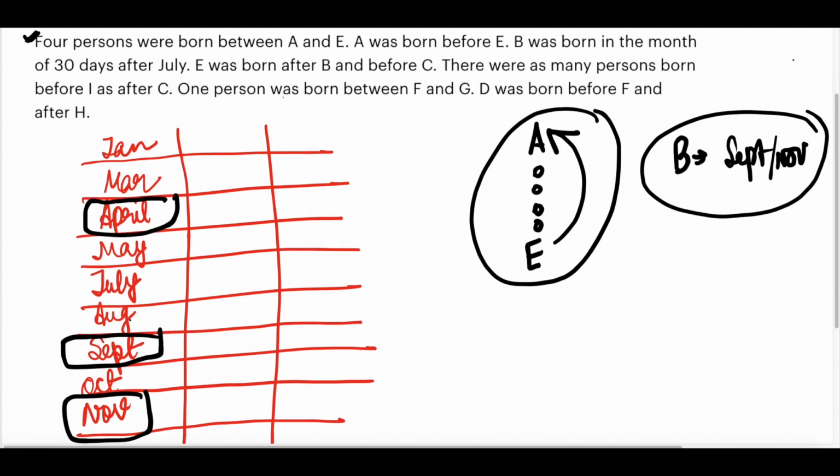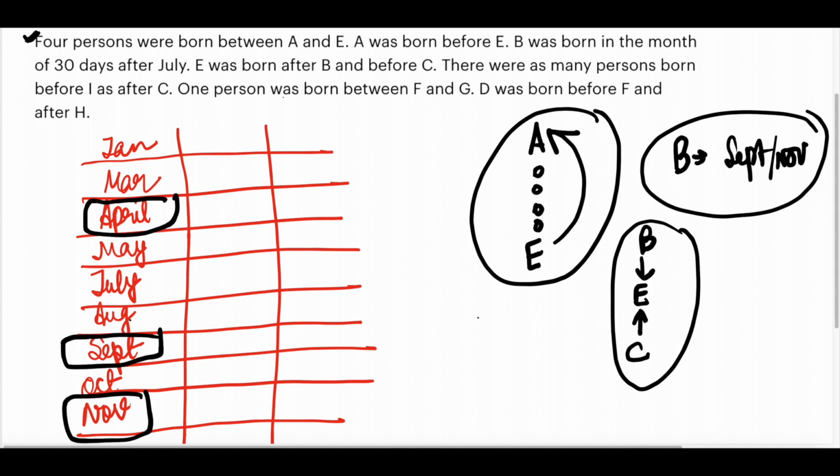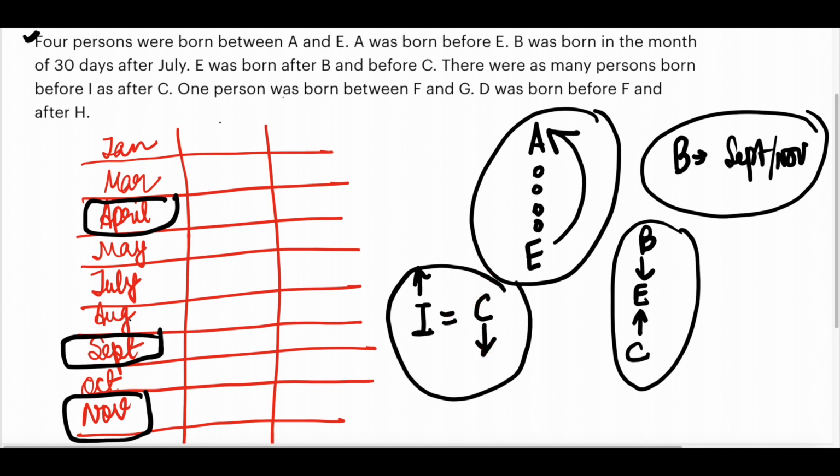Next condition is E was born after B but before C. Third condition. Next, there were as many persons born before I as after C. So the number of persons born before I is equal to the number of persons born after C. Okay. Next, 1 person was born between F and G. Between F and G, only 1 person was born.